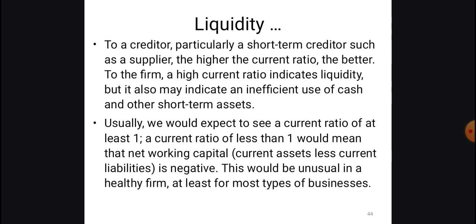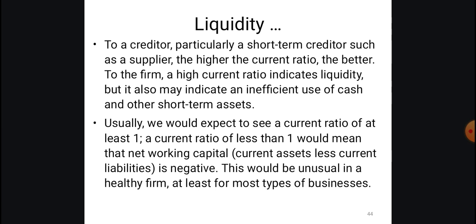Usually we would expect to see a current ratio of at least 1, just to assure that the current assets are able to cover the current liabilities. If it is less than 1, it means that the net working capital, the difference between current assets and current liabilities, is negative.